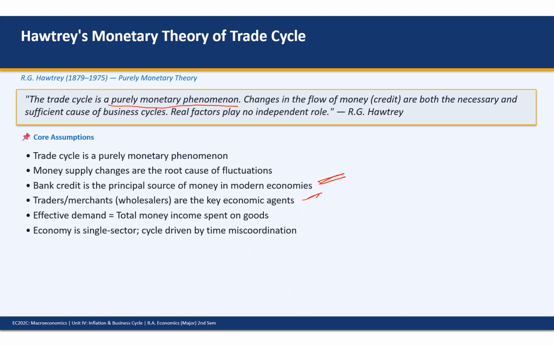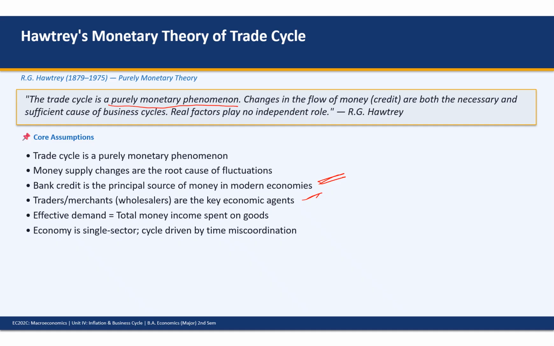Now, according to him, how does expansion begin? The expansion phase starts with banks lowering the bank rate or the interest rate. As borrowing becomes cheaper, traders borrow more money, increasing their stock holdings and placing larger orders with the producers. Once the producers receive more orders, they expand output and hire more workers.